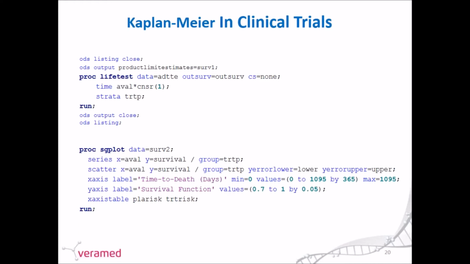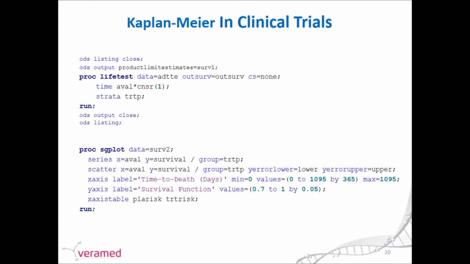You then perform the proc lifetest in the same way as we have before. And if you combine the ProductLimitEstimates output and the ODS output there, you will have the life table combined with the confidence intervals that you might want to plot on a graph.